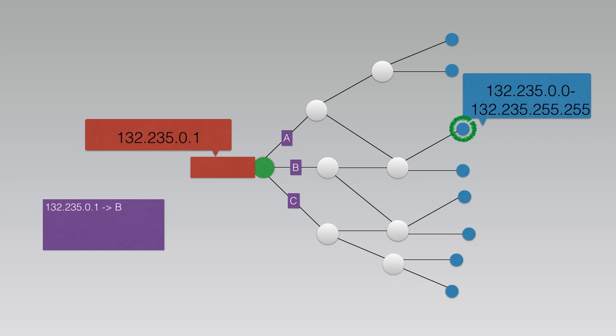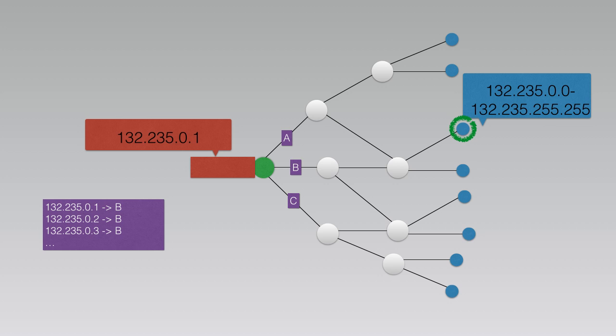It looks like the most direct way, going via B. Well, the problem here, of course, is that other packets will arrive with other addresses, so we're going to have to put in an entry that says 132.235.0.2 should also go down Route B, and so for the next one, and so on and so forth. That is not going to work too well. That list is going to be way too long for a node to have to search every time a packet shows up, so that's not what we do.